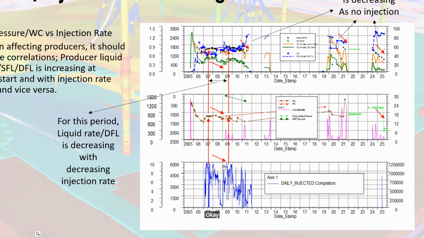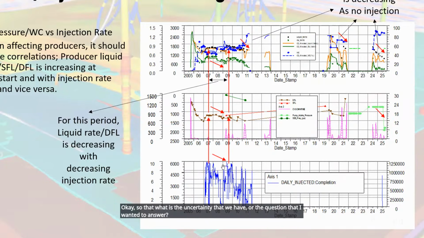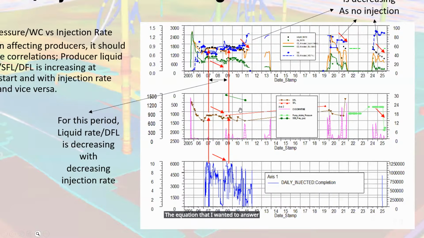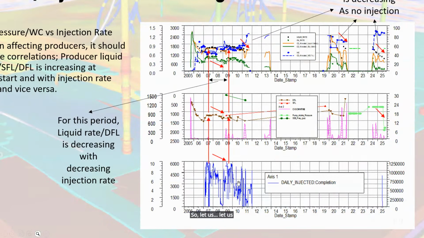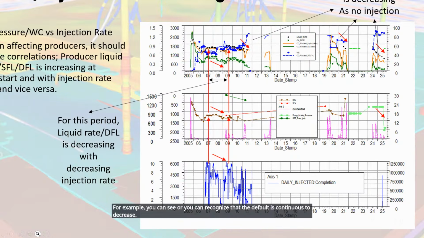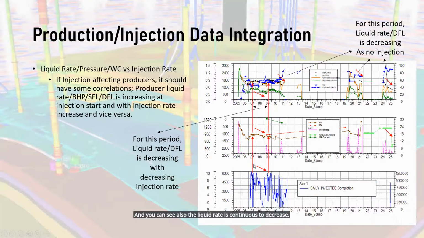Okay, so what is the uncertainty that we have, or the question that I wanted to answer? The question is whether this producer is affected by this injector or not. So let us see the data. For example, you can recognize that the DFL continues to decrease, and you can see also the liquid rate continues to decrease.